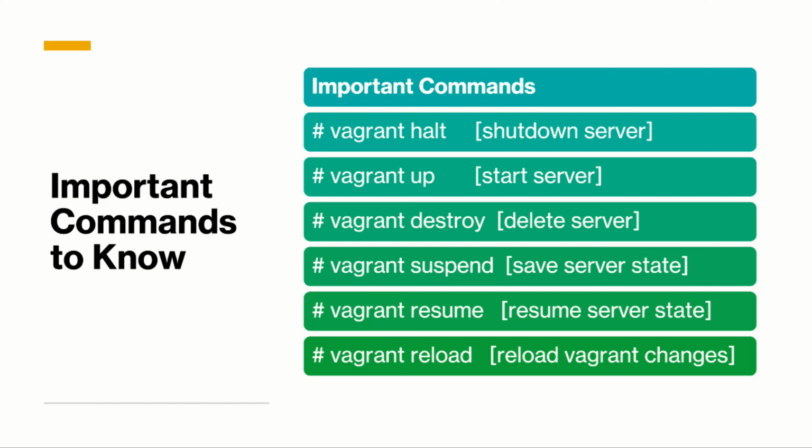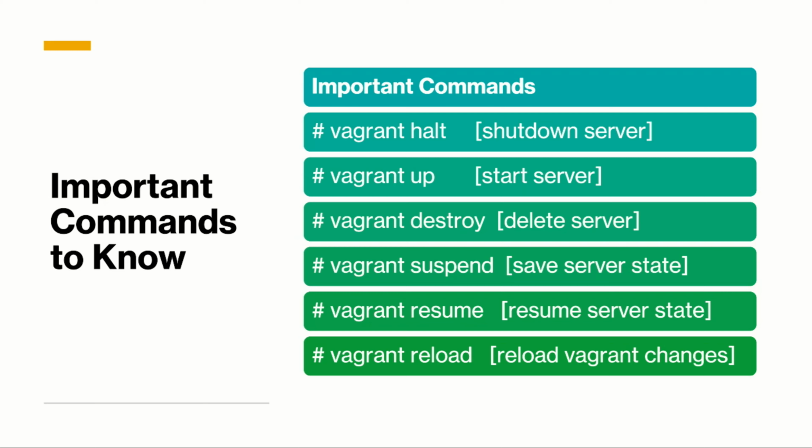Then vagrant suspend will save the server state if you want to just save it. If you want to resume from the saved state, it will be vagrant resume. And in case you want to make any changes to the Vagrantfile, that is the configuration file, and you want to reload, you will use the vagrant reload option.